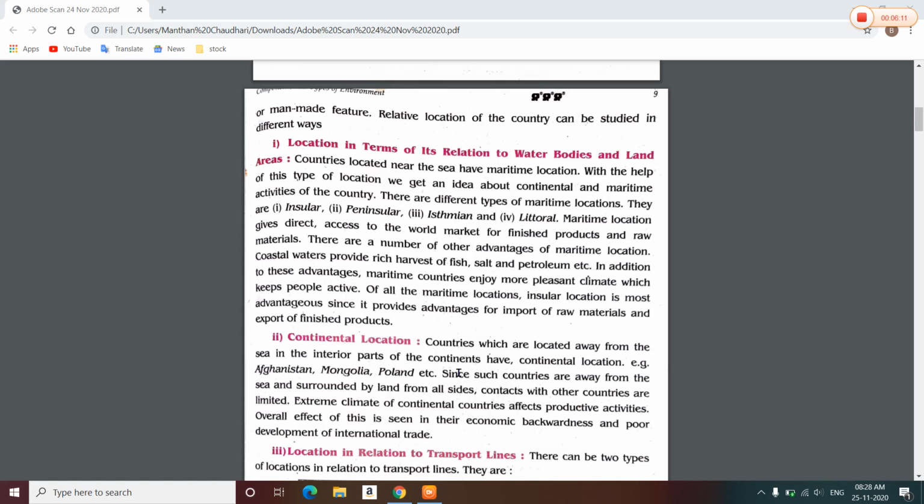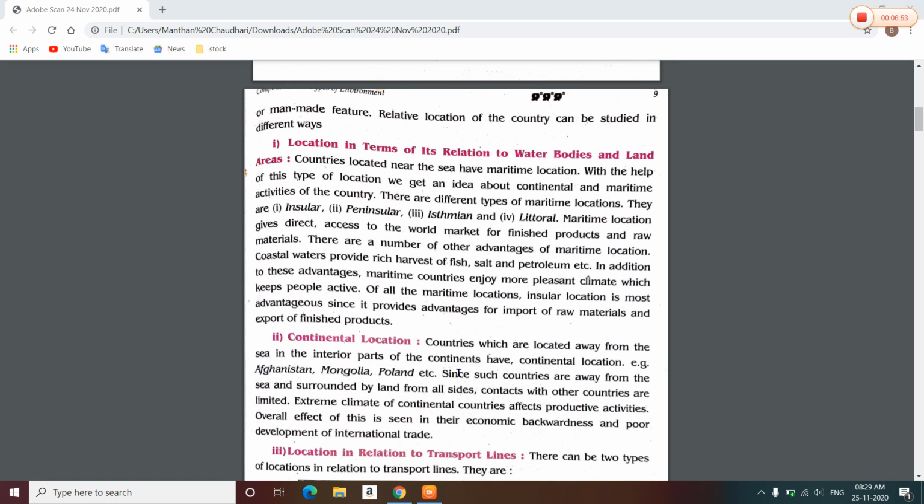For example, Afghanistan, Mongolia, Poland, etc. Such countries have extreme climate and it affects productive activities. So these countries are generally backward.